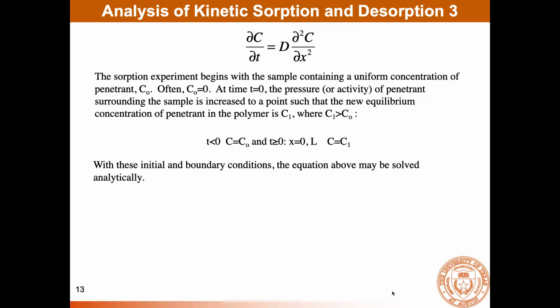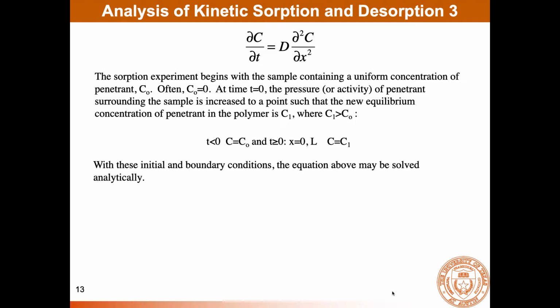And in fact, you go to Crank's book and it shows you how to solve these problems for cases of arbitrary initial profile of penetrant throughout a polymer. Often, the penetrant concentration is zero in a polymer. That was the case, for example, in that propane uptake experiment. The sample had been equilibrated under vacuum to remove any penetrant from it. So you start in that case with a penetrant-free polymer, but you don't have to do that.